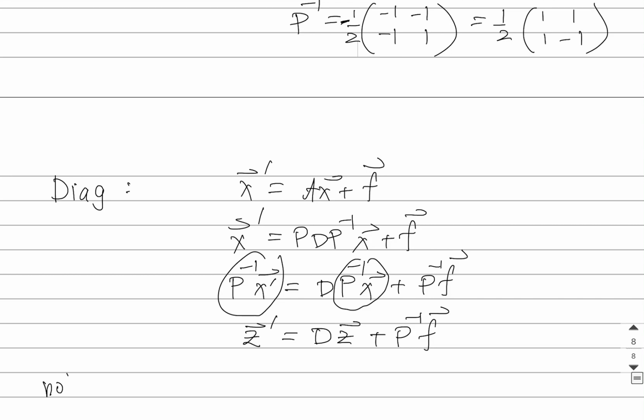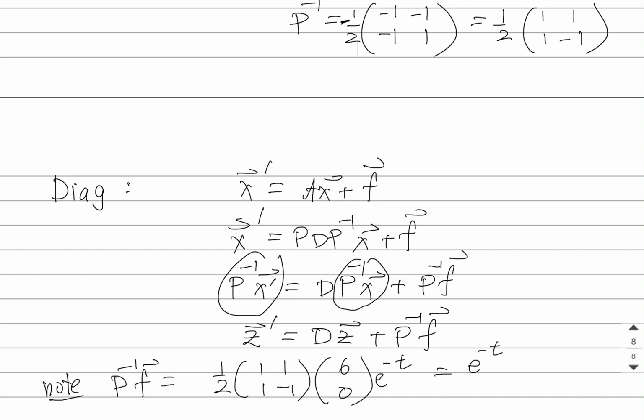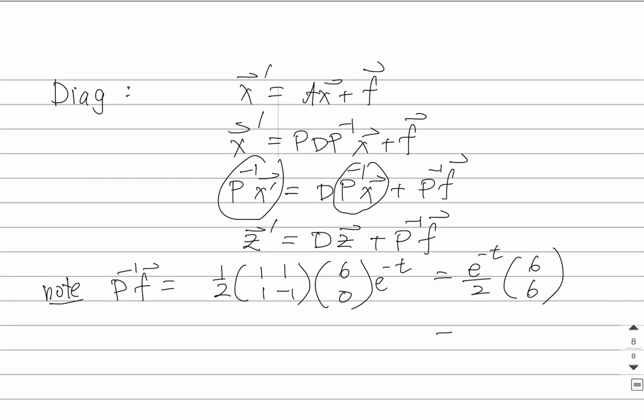Now note, P inverse f is us having to do a little bit of matrix multiplication. The right-hand side vector is 6 and 0 with an e to the minus t. So we'll get e to the minus t over 2. We'll get a 6 up top in this entry and another 6 there. So this is going to give us 3 halves e to the minus t, 1, 1.